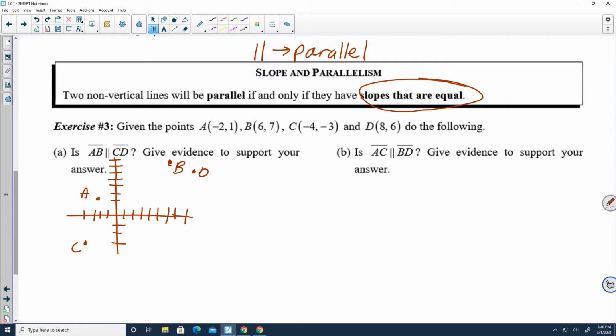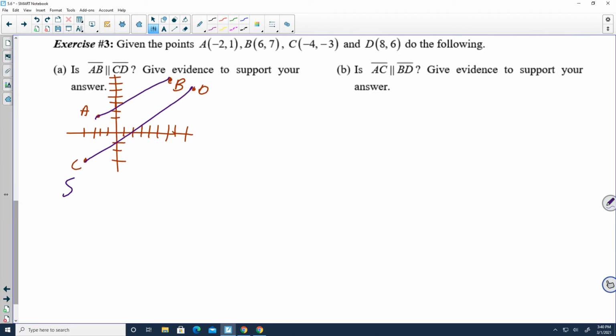If I plotted all of these points, letter A is asking us, is AB going to be parallel to CD? Now, by just looking at it, it looks like they might be, but that was just a sketch, and it wasn't a great sketch. So what we're going to do is we're going to use the slope formula twice. So we're going to find the slope of AB.